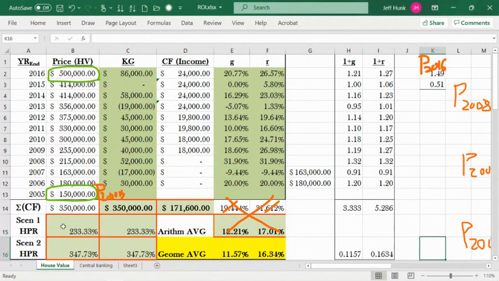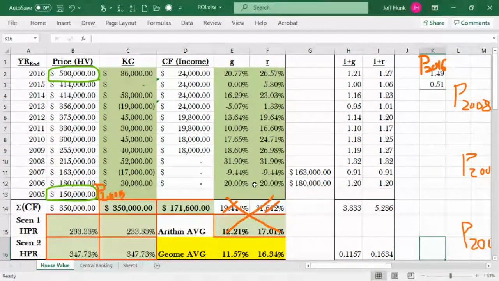Look, back in the first topic, I had to introduce the house value example as an example to distinguish between holding period return and annualized return, right?